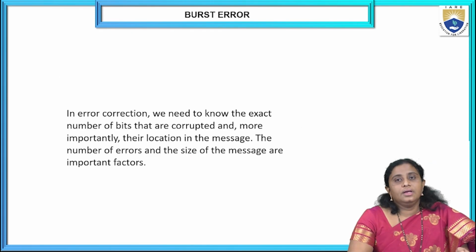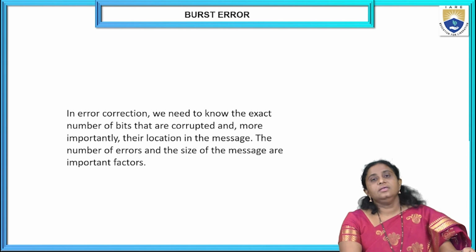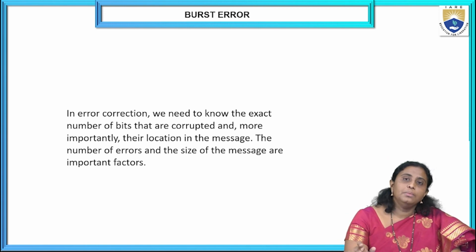So, coming to the last point, in error correction we need to know the exact number of bits which should be corrected and, more importantly, the location in the message.